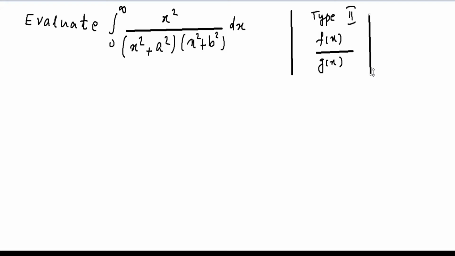So it is a question of type 2. Another important thing to note here is, if the question is of type 2, we consider only above real axis poles, that is, we have to find the residues of only positive poles.